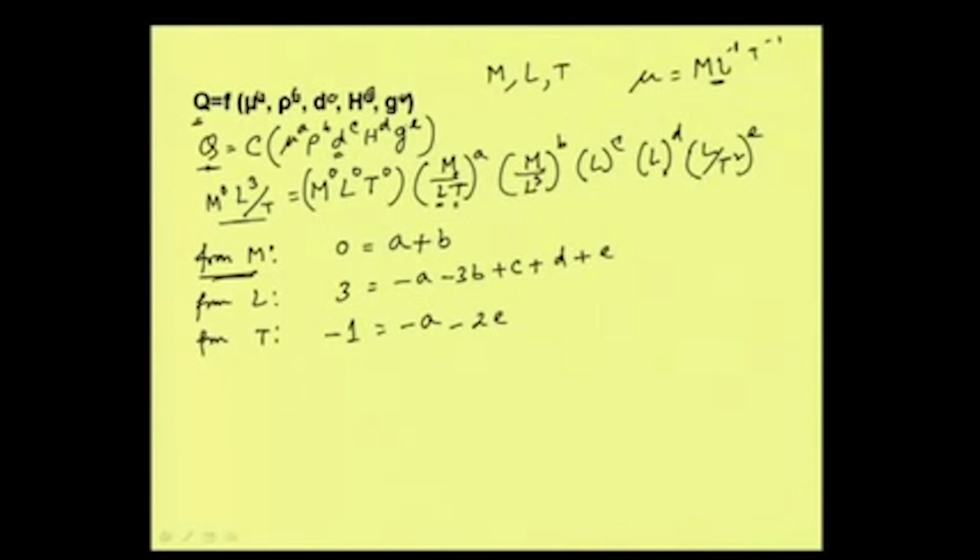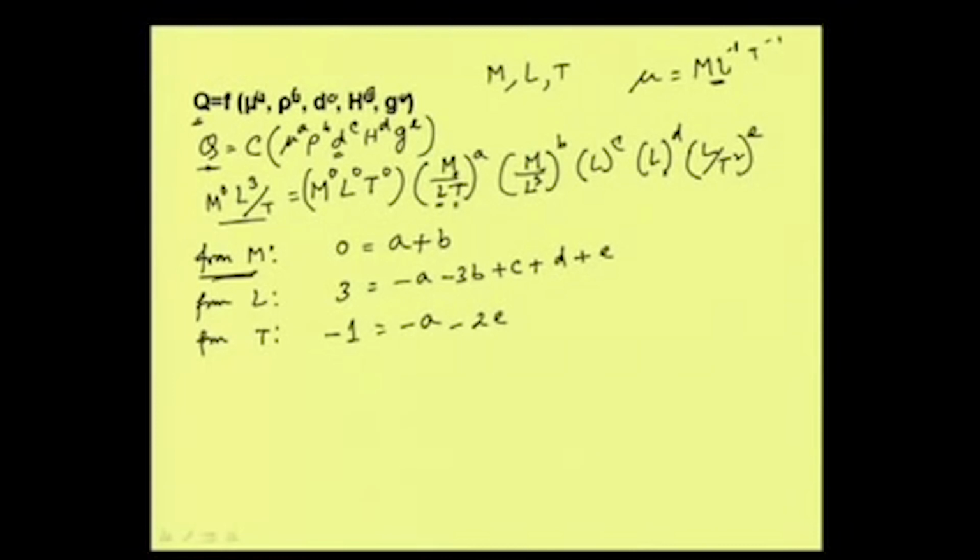Well, but there are definitely problems. What the main problem is that we have how many unknowns? 1, a, b, 2, c, d, e, means total 5 unknowns. How many equations we have? We have 3 equations. So, from 3 equations we cannot solve for 5 values.